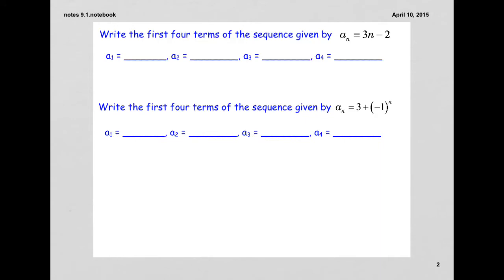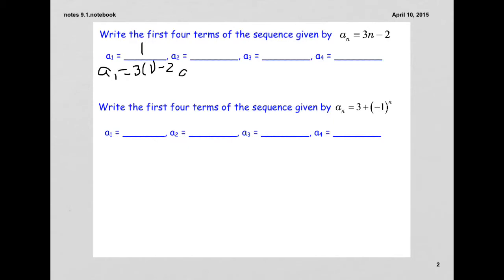Write the first four terms of the sequence given by a sub n equals 3n minus 2. So I'm looking for a sub 1, a sub 2, a sub 3, and a sub 4. That means I just plug in the sub number n for n. So a sub 1 is equal to 3 times 1 minus 2, which is 1.